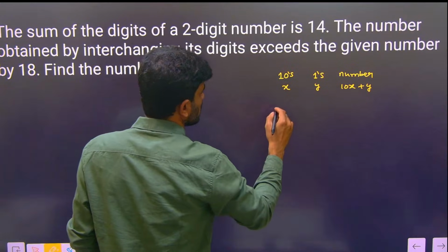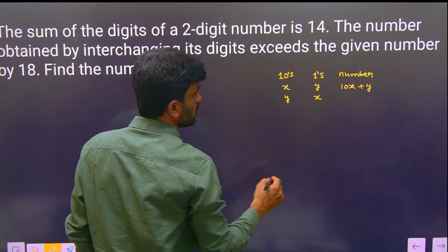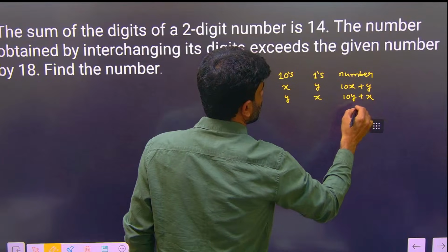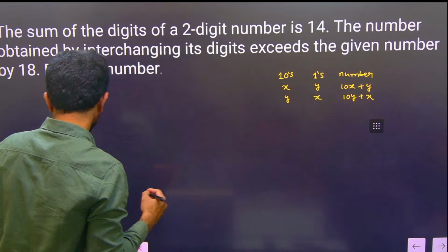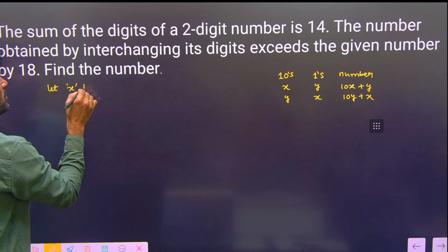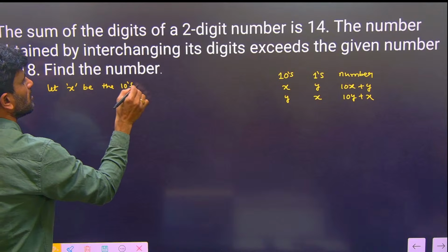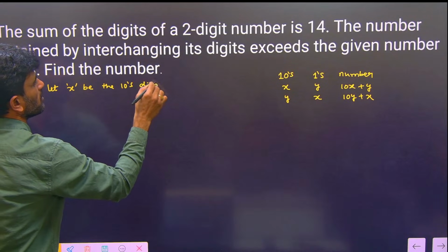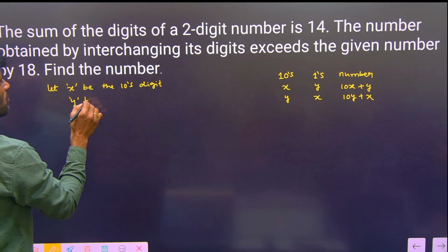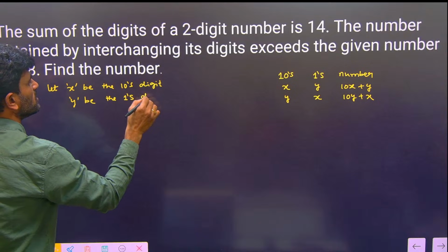After you interchange the digits, y will come to tens place, x will go to ones place, and the number will become 10y plus x. This is after interchanging the digits. Now we write the information here. Let x be the tens digit of the number, and y be the ones digit of the number.